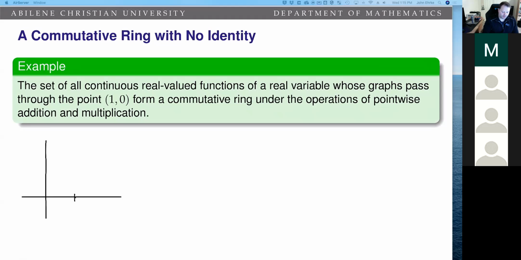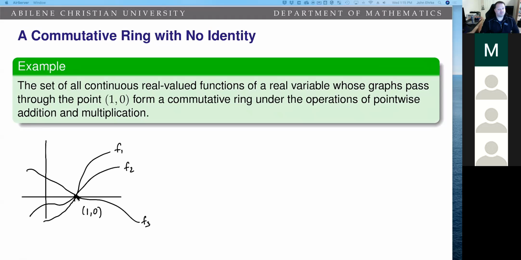Imagine every continuous function that passes through that point. I don't care what the functions look like. We call them f1, f2, f3, and so on. Take all continuous functions that pass through this point. Now, they have to be continuous on the entire real line, or they could be continuous on a closed interval containing the point (1, 0), and this is still valid.